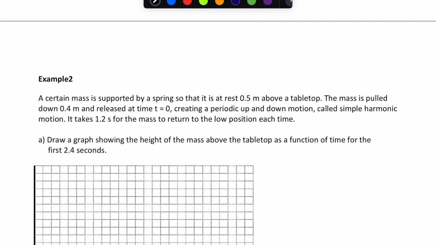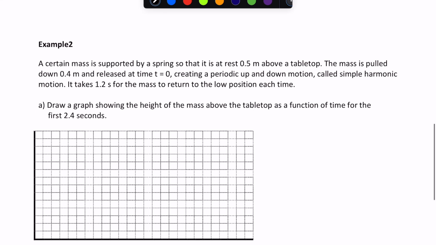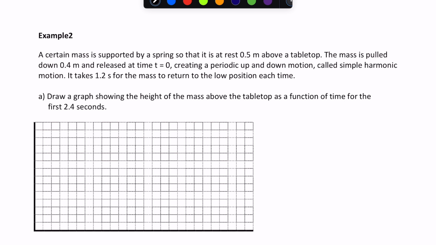Okay, so let's look at example number 2. Example number 2 says a certain mass is supported by a spring so that it is at rest 0.5 meters above the tabletop. Here it's at rest 0.5 meters above the tabletop. That represents our axis.